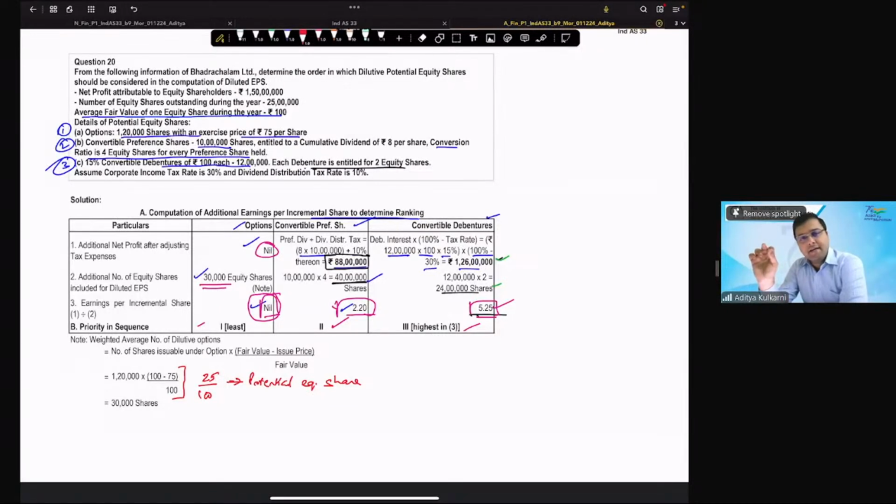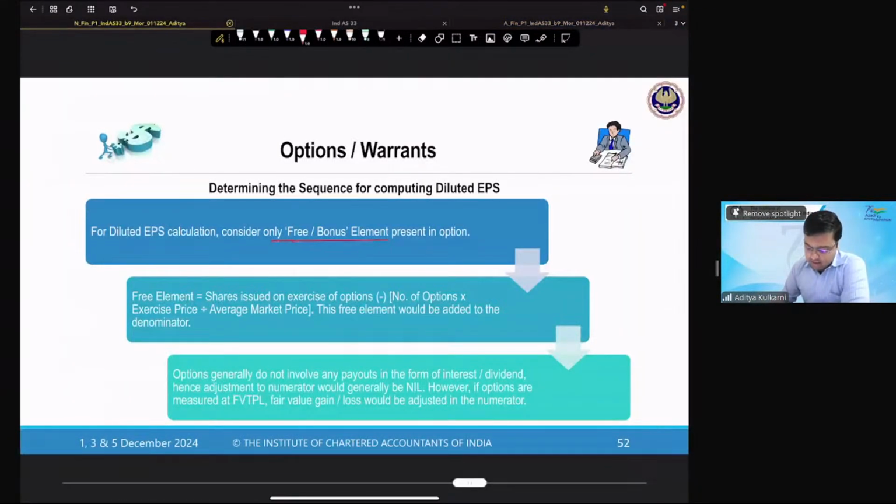So the bonus element is the only potential ordinary share that I'm considering. Free element is equal to shares issued on exercise of options minus number of options into exercise price divided by average market price. This free element would be added to the denominator. We have already done this.